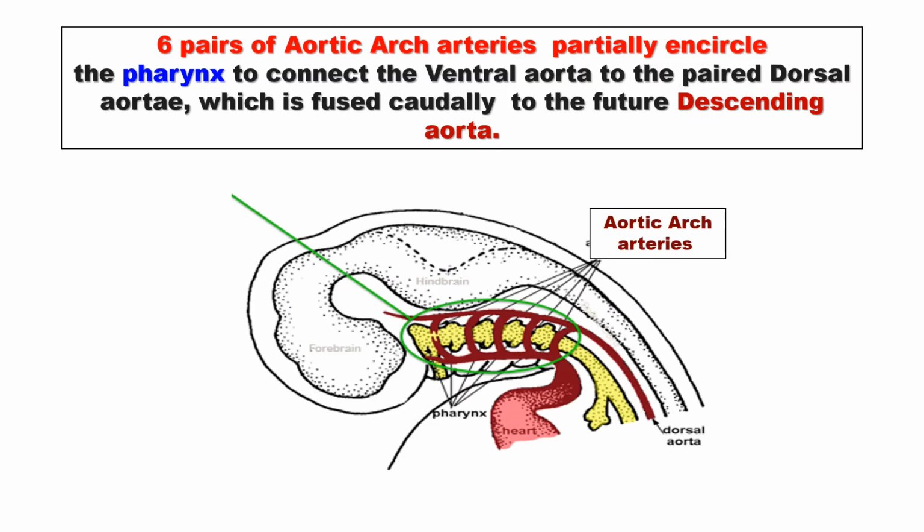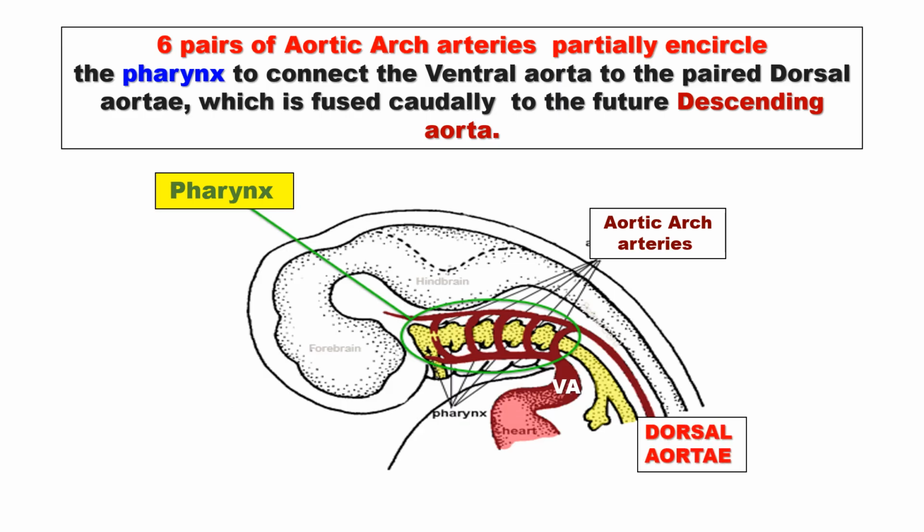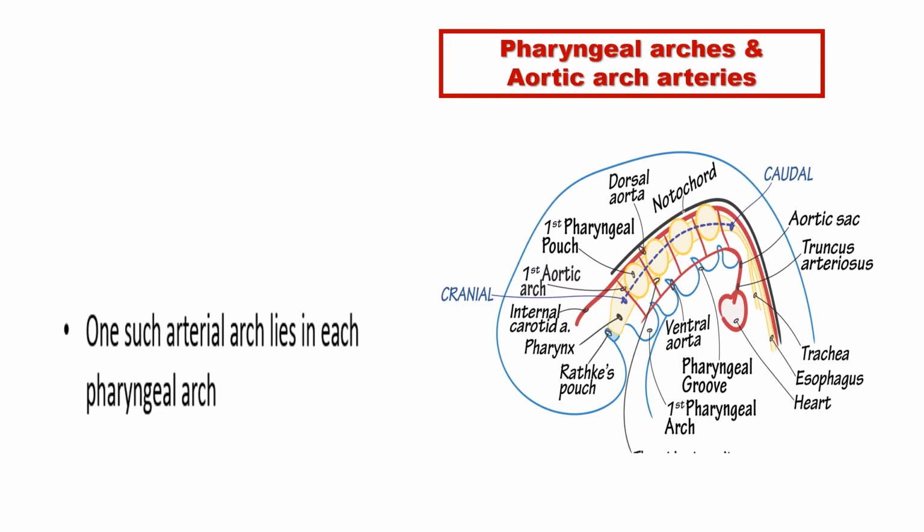Six pairs of aortic arch arteries partially encircle the cranial end of the foregut, that is the pharynx, and are connected to the ventral aorta. And finally, these aortic arches reach the dorsal aorta. Caudally, the dorsal aorta forms the future descending aorta as it fuses.